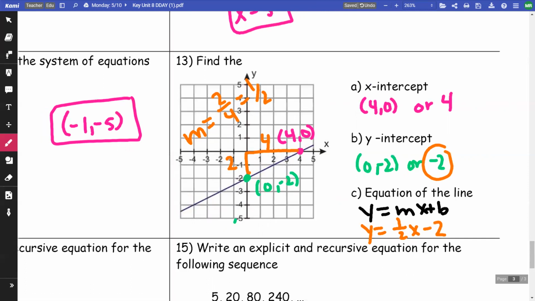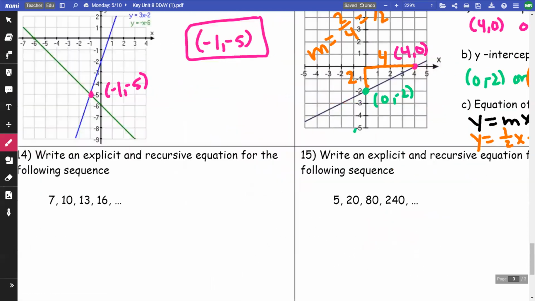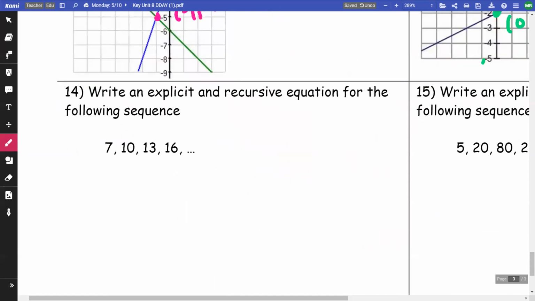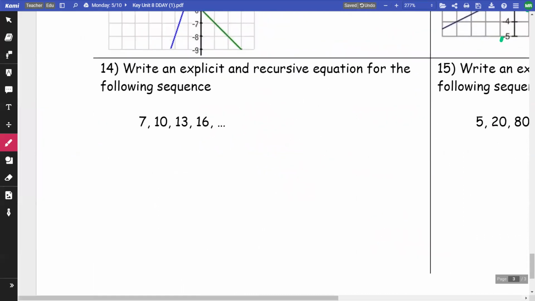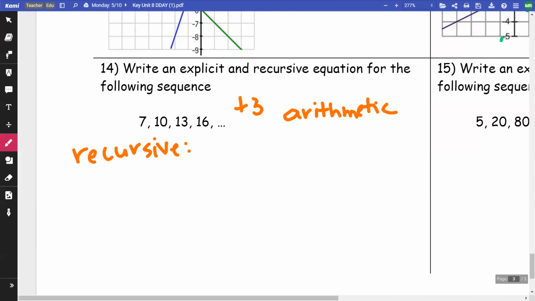On number 14, okay, we want to write a recursive and an explicit for each of these. So this one we're adding 3, so that means that this is arithmetic. So if I do my recursive first, the one thing you need to remember is that is not my first term.